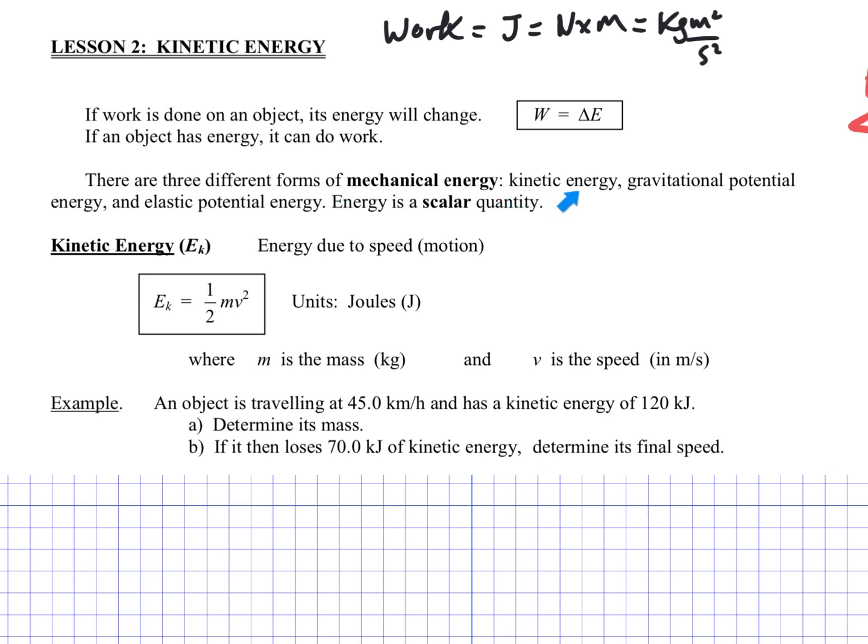So that would be kinetic energy, that's the energy to do with motion, gravitational potential, that is the energy associated with the gravitational field. Lots more on that to come in future topics. And as we'll see in this section of this series of lessons, we also have elastic potential energy. These are the three main types of mechanical energy.